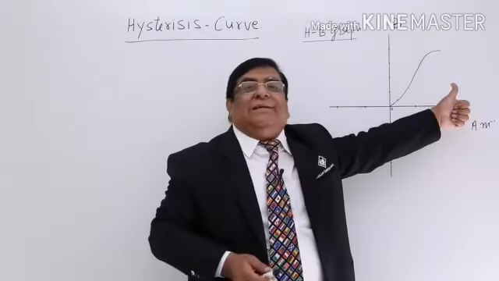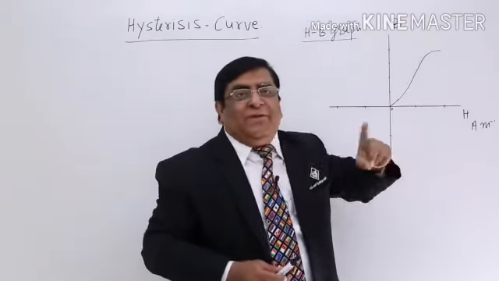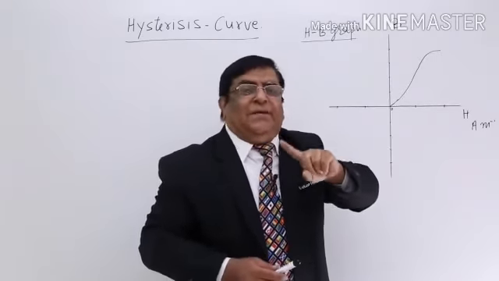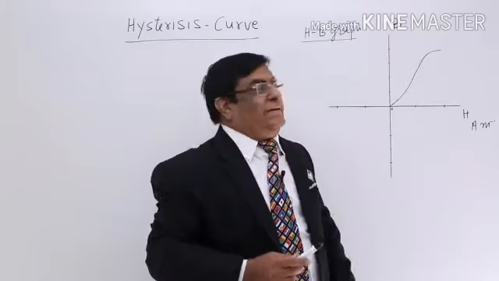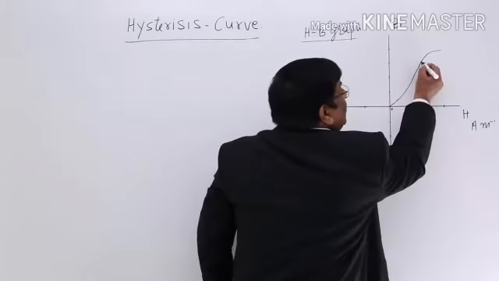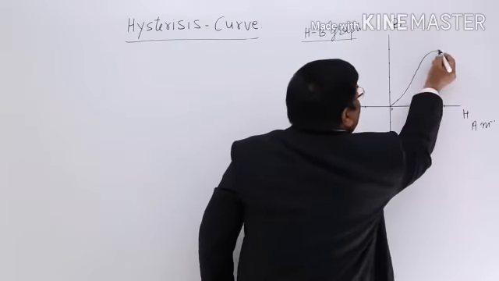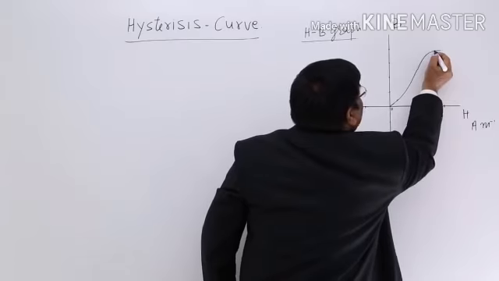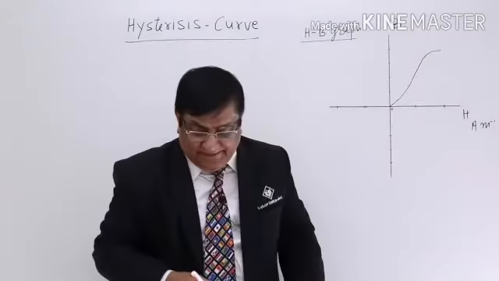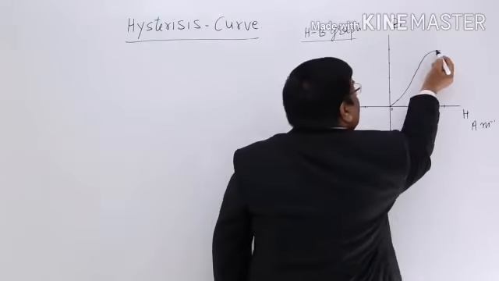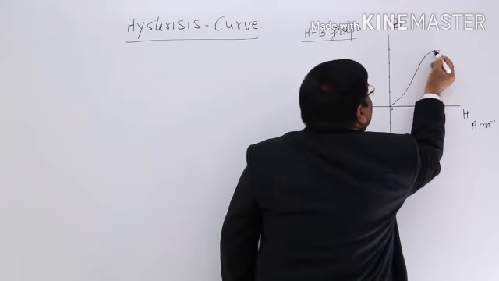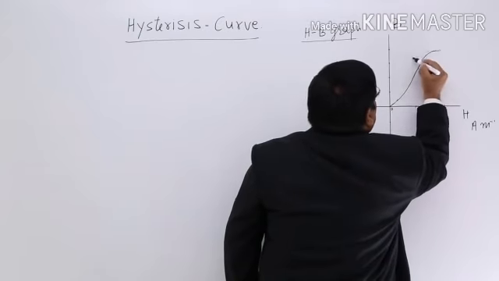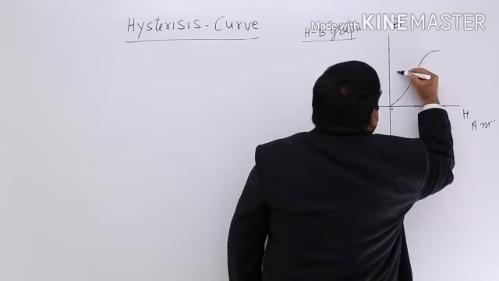That is H, which we have already increased. Now we are decreasing H. When we decrease H, we find B is also decreasing, but the same values are not repeated. As H decreases, B also decreases, coming down this way, through this point, this point, this point.